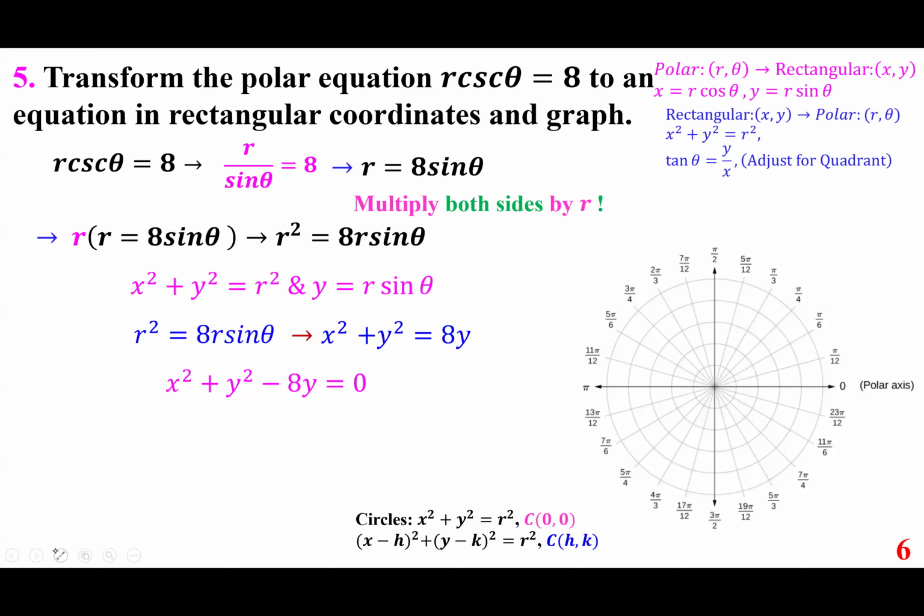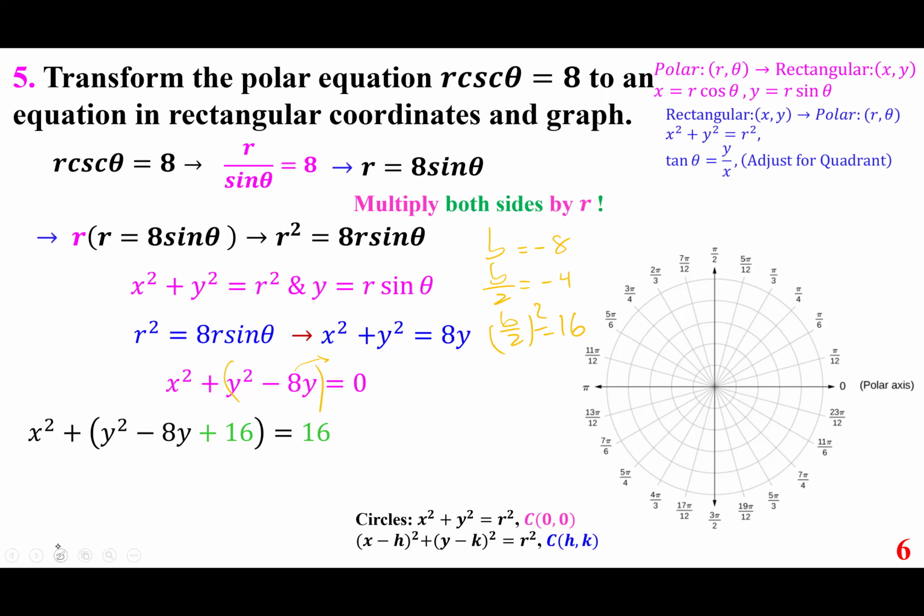And in this case, here's b, divided by 2, square it. So add 16 to both sides.